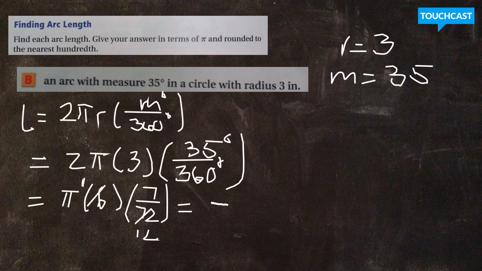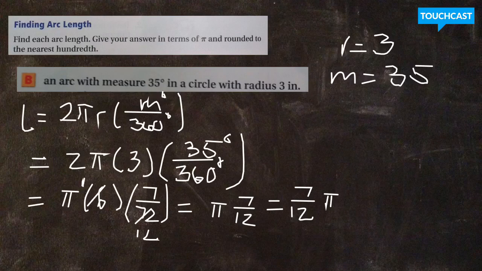So we have pi times 7 over 12, which means in terms of pi, the arc length is 7 over 12 times pi inches.